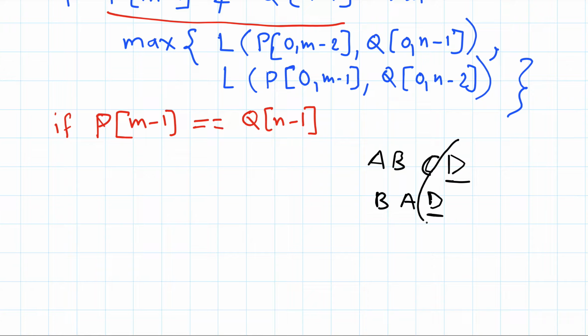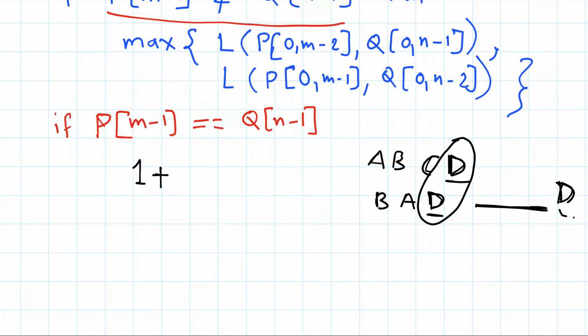Straight away we know that we will lose nothing by adding this to our subsequence, because if our subsequence is some string and D is the last character, we will gain nothing by ignoring them. We can always add D because D is in the end. So in that case we straight away pick the last element.